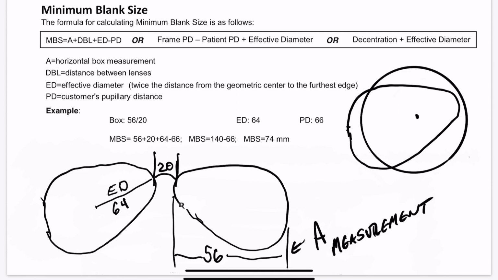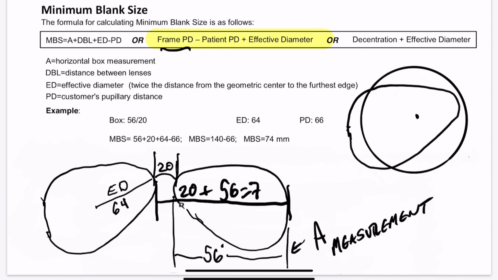Next, we're going to do the minimum blank size using the second formula, which is frame PD minus patient PD plus effective diameter. You may remember that I said earlier that these are all really equivalent because frame PD is simply from the inside of one lens to the outside of the other. So if we look all the way across here, we can see that this is 20 plus 56.